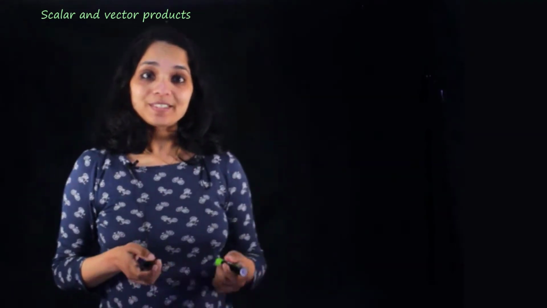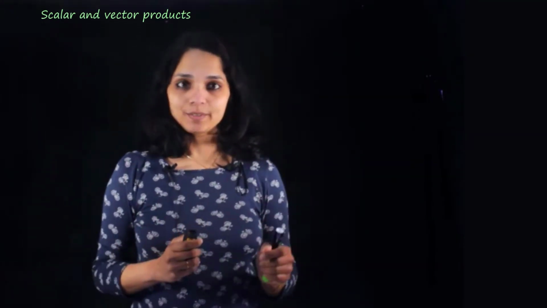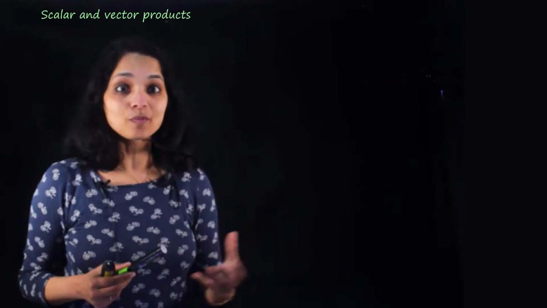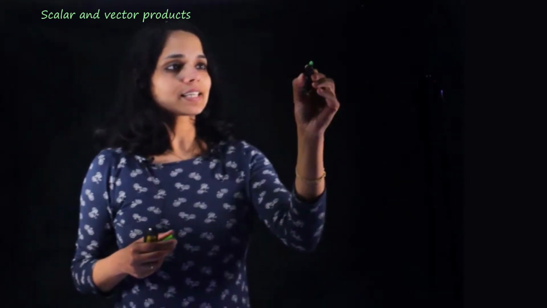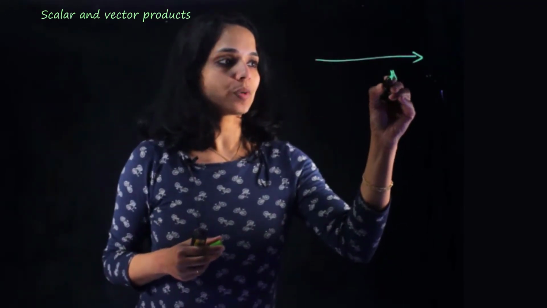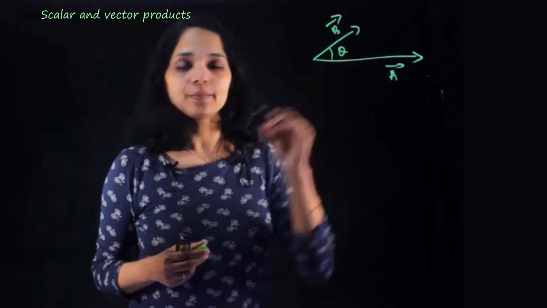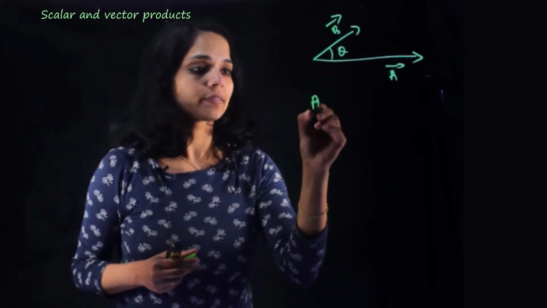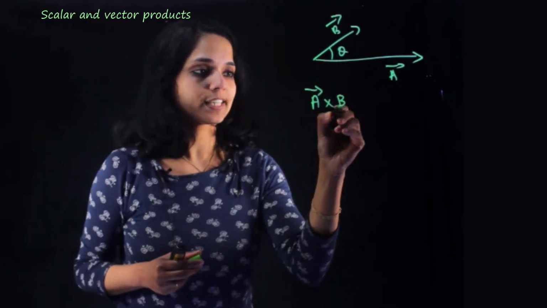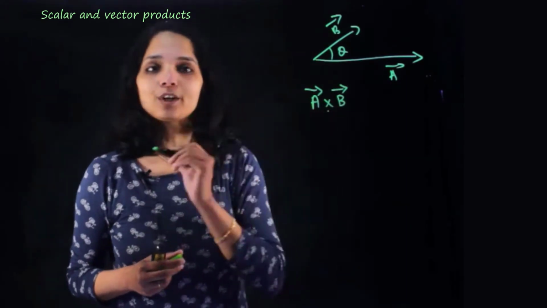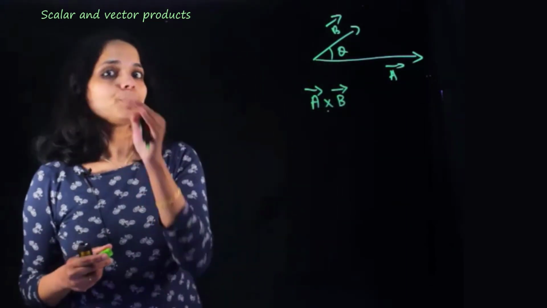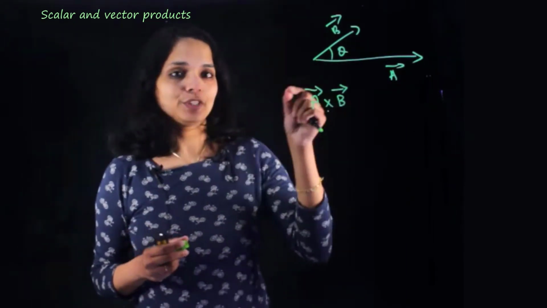Now let's learn about the second kind of product in vectors, the vector product. The other way to call it is cross product. Let's consider the same vectors, vector A and vector B at an angle theta. The cross product or vector product is written as A cross B. Put a cross in between. Remember, we put A dot B for the scalar product.